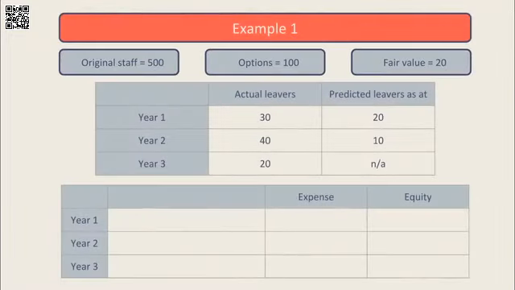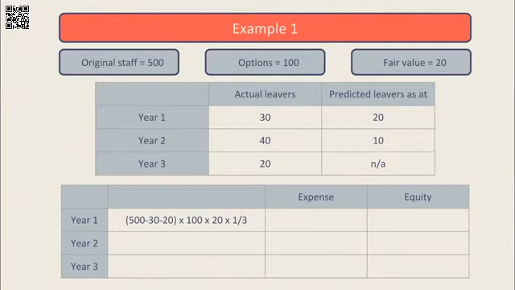Each year, the required equity reserve has to be calculated. In year 1, this reserve is based upon the 30 members of staff who have left and the 20 future anticipated leavers. The reserve is therefore being calculated based upon 450 of the original members of staff remaining at the end of the vesting period.